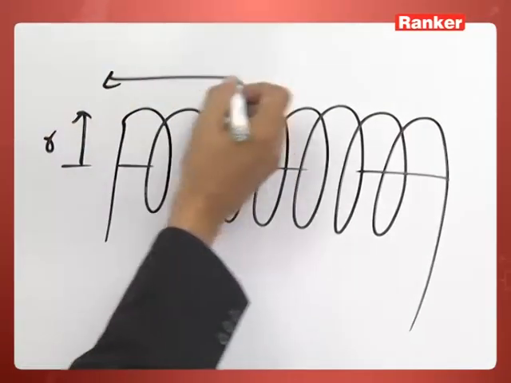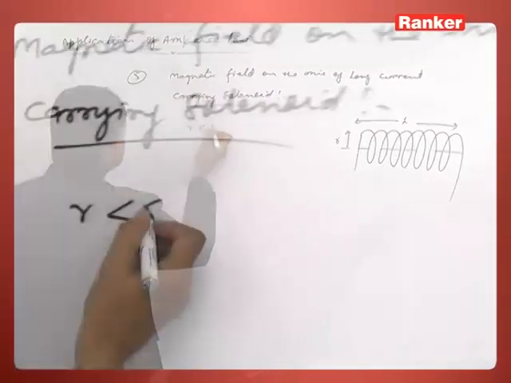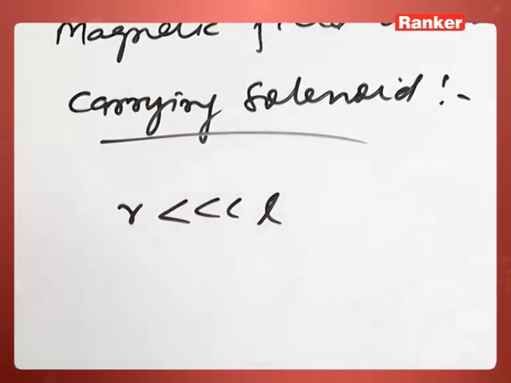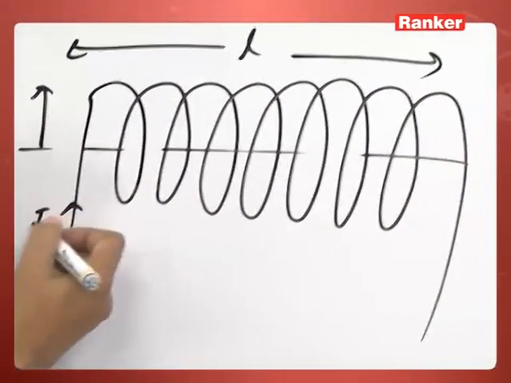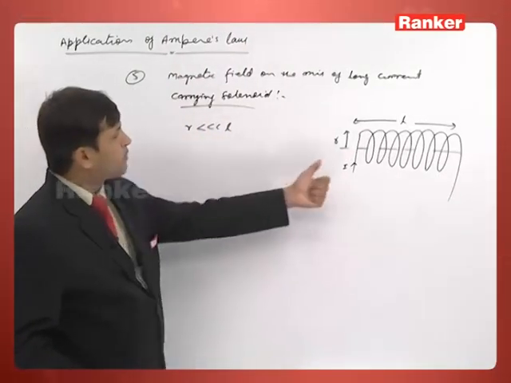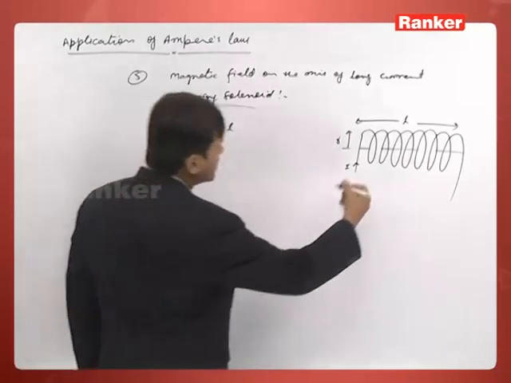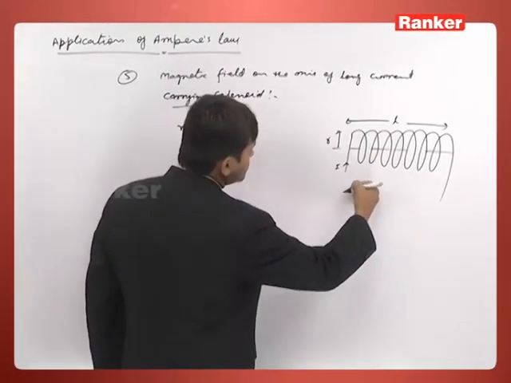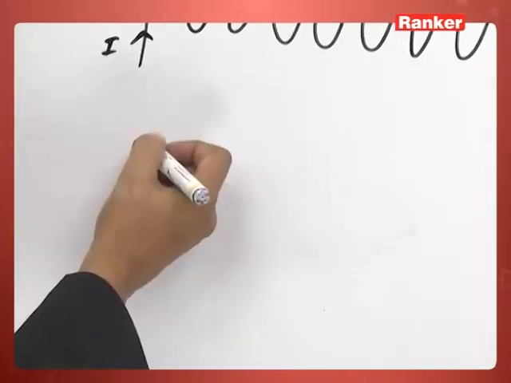Our conditions are, first of all, R is very small compared to L, and I is the current. If we make a cross-sectional view, we will find this type of current carrying conductor.